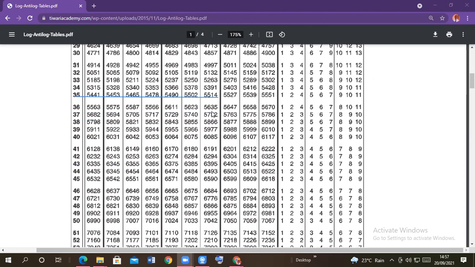35, 35. There. So which value is there? 0.5514. Are you seeing that? 0.5514.